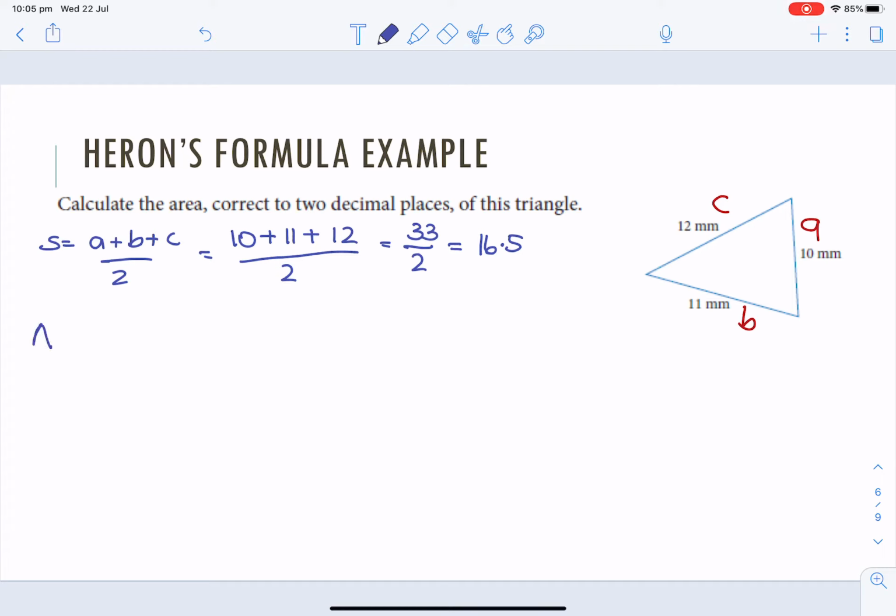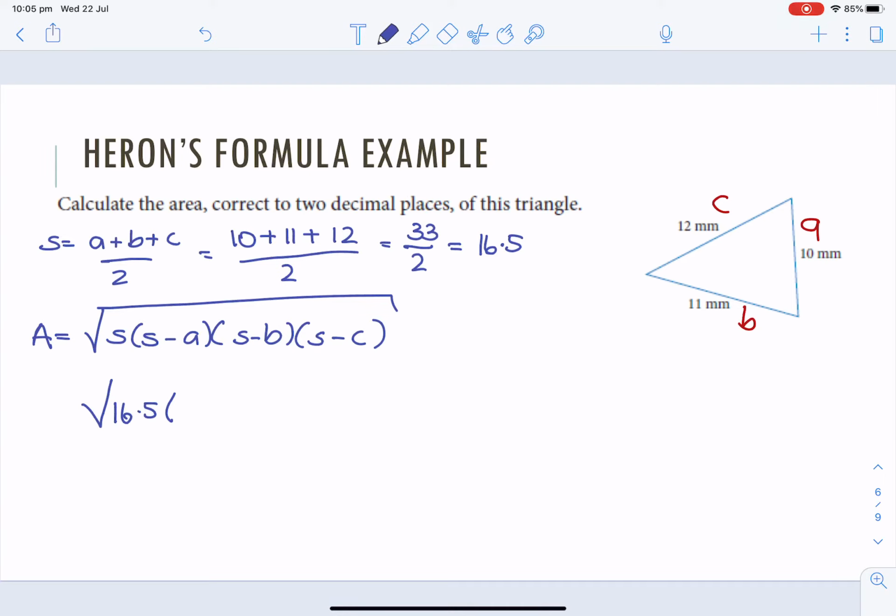So my formula is A equals the square root of S, S minus A, S minus B, S minus C. And square root sign over all of that. As I said, every time I see S, I'll replace it with 16.5. So let's start this again. 16.5.